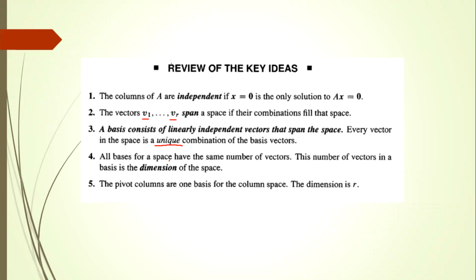All bases of a space have the same number of vectors. Here one group of bases and another group of bases are two different bases, like the examples I gave before. For two different 3x3 matrices, 3 columns in one matrix A form a basis for R3, and another 3 columns in an invertible matrix B can also form a basis for R3.